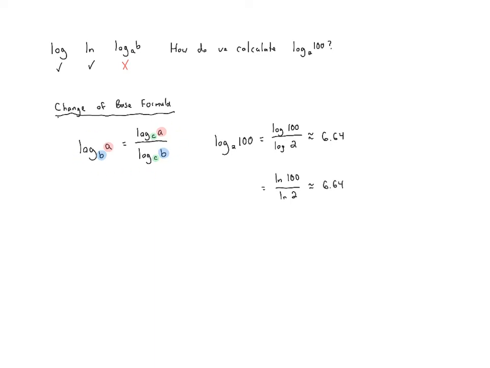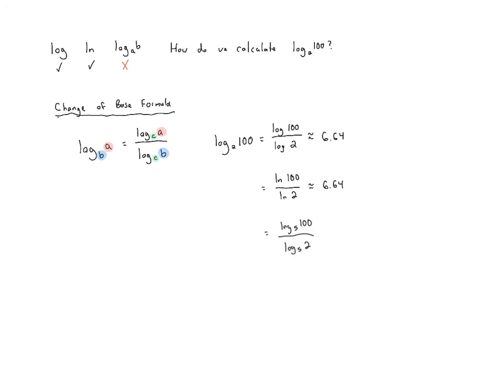This change of base formula allows us to take a logarithm with a base that's difficult to deal with and rewrite it as either a common logarithm or a natural logarithm, which our calculators can easily deal with. We could rewrite it with a different base. We could even rewrite this as log base 5 of 100 over log base 5 of 2.